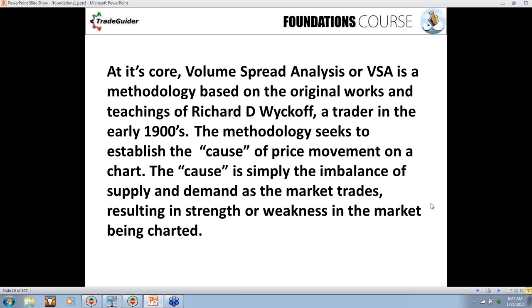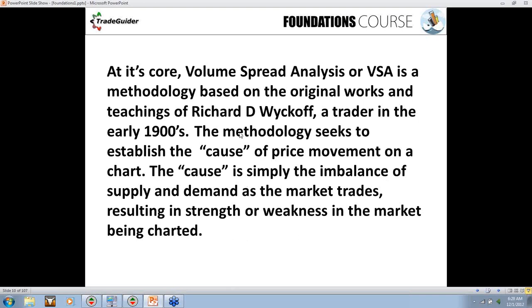But at its heart, at its foundation, the Wyckoff method is based on reading volume, or activity, as you're going to learn. So the methodology seeks to establish the cause of price movement on a chart. The cause is simply the imbalance of supply and demand as the market trades, resulting in either strength or weakness in the market being charted.